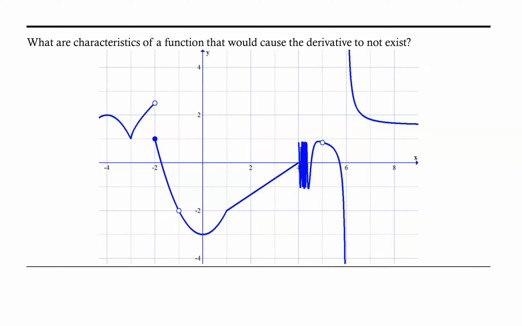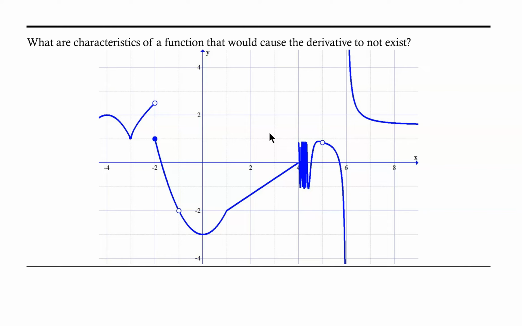And so we're going to start by looking first at this region around x equals -3. So we're focusing here, and we want to think about the existence of a derivative at that point right here.